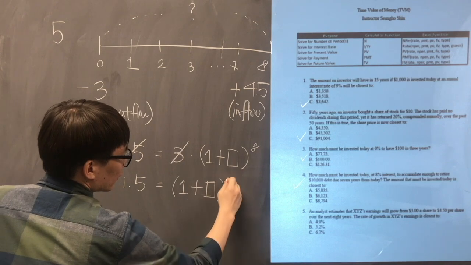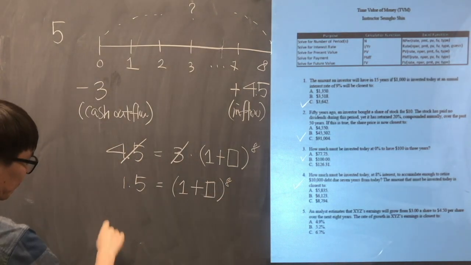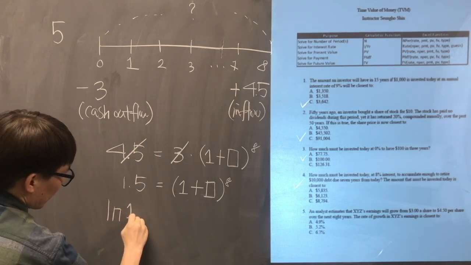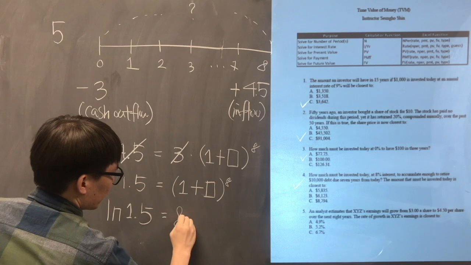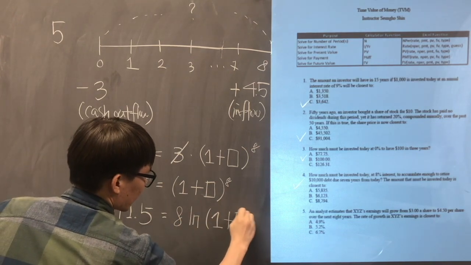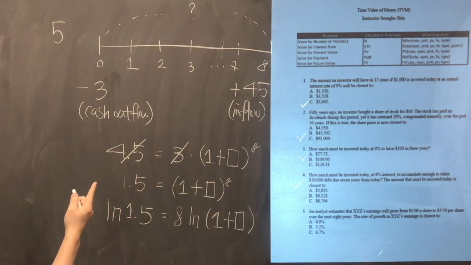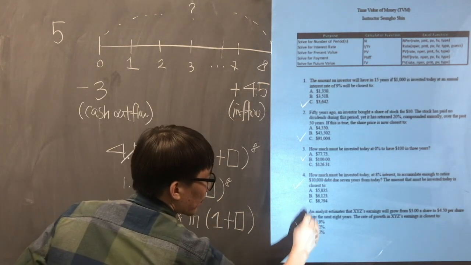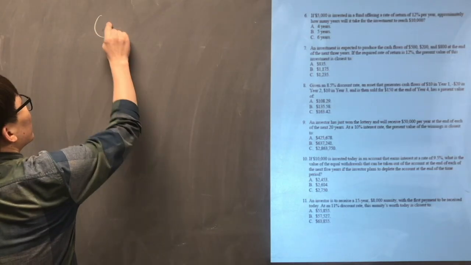So you need a natural log. So, for example, 1 plus r equals 1.5 to the power of 1/8, and keep going and keep going. You will get B. Okay? Question number 6.